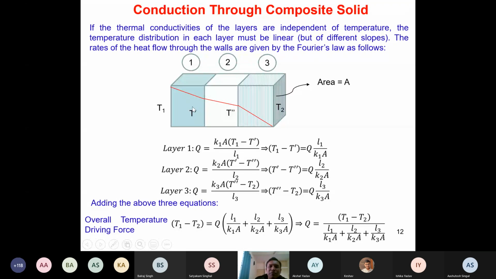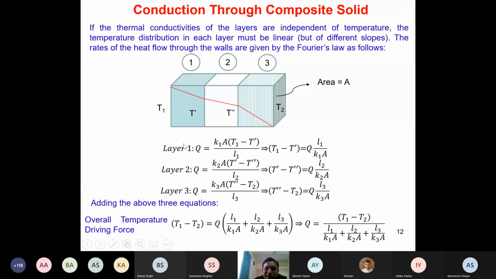So all 3 layers will have a straight line profile, but with different slopes based on their thermal conductivities. For layer 1, if we apply Fourier law of heat conduction, Q is given as thermal conductivity K1, which is the thermal conductivity of layer 1, into cross sectional area A into temperature difference, T1 minus T dash, divided by the thickness of the layer, which is L1. This is the first equation which we can rearrange. So T1 minus T dash can be obtained as Q into L1 by K1A.